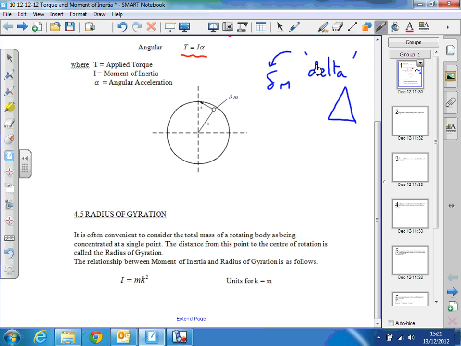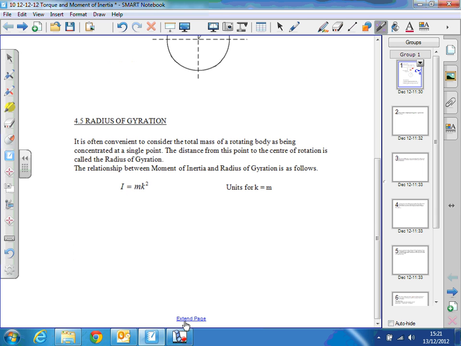So instead of considering the radius of the whole thing, we define this thing called the radius of gyration, which then allows us to come up with the moment of inertia. If I want to find the moment of inertia of a body, I just multiply the mass by this radius of gyration squared.